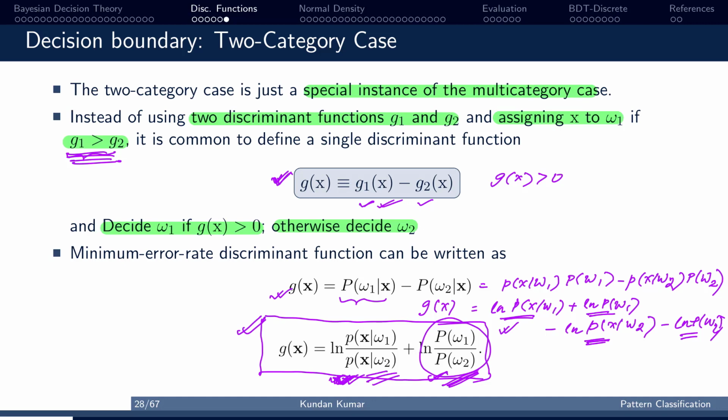This likelihood ratio, defined earlier, helps us make the decision: if the likelihood ratio is greater than some threshold, we decide class 1, and if it is less than some threshold, we decide class 2.